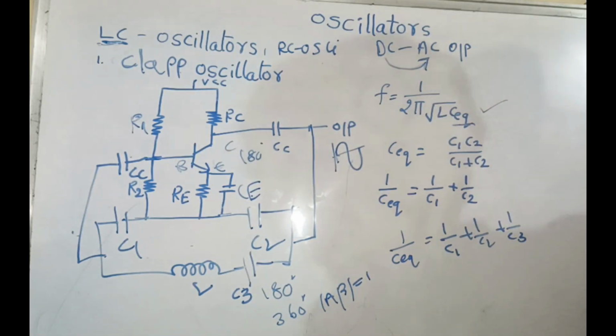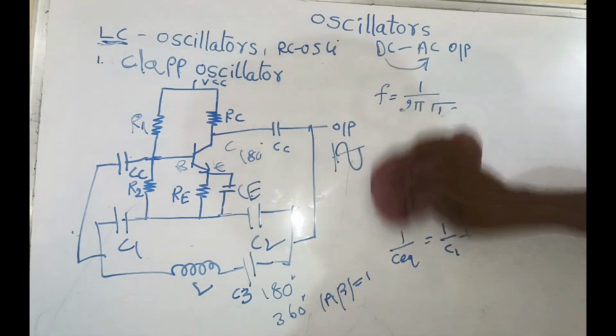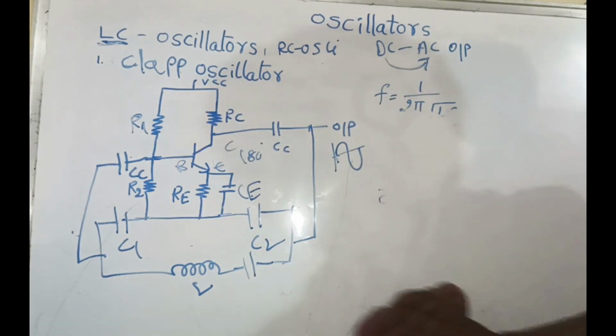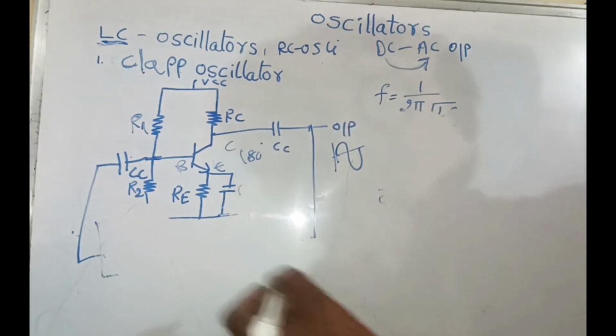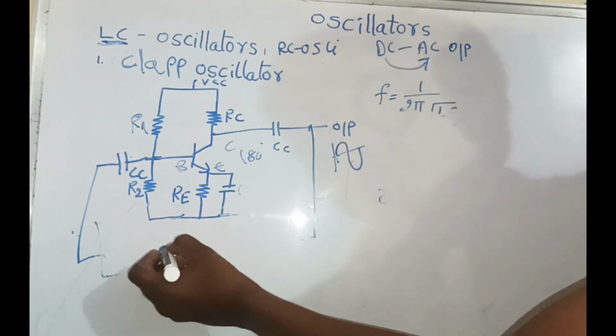That is the Clapp oscillator. Similarly, we go to another oscillator called the Hartley oscillator, the third oscillator, a small modification with the same CE configuration.